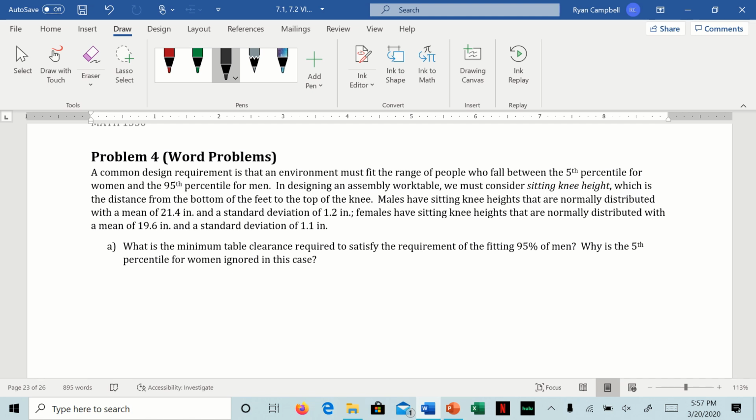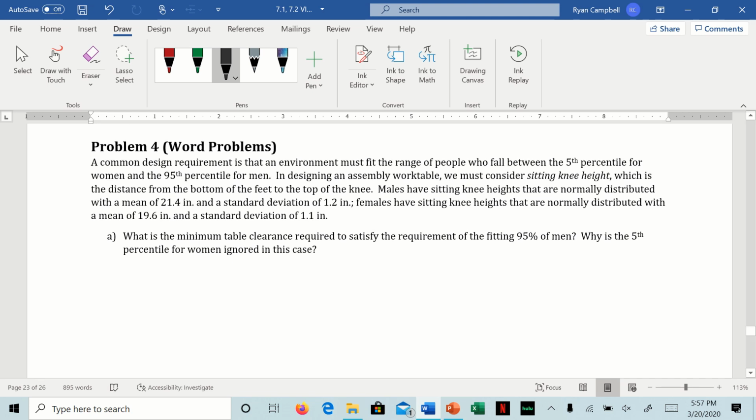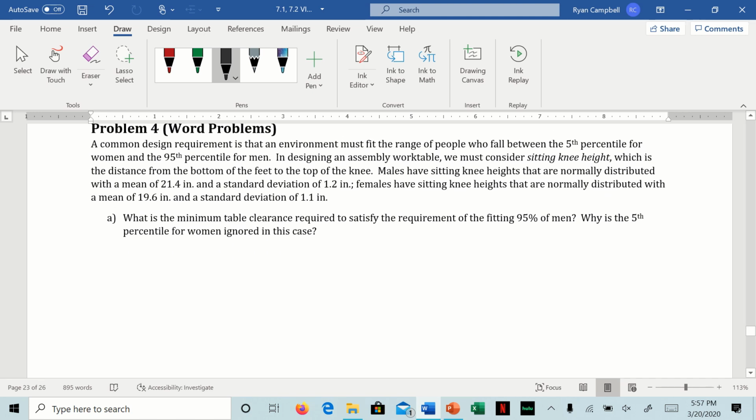What is the minimum table clearance required to satisfy the requirement of fitting 95% of men? So first, we'll do the next question last. Is this going to be a bottom 95% or a top 95%? There's a couple different ways we can figure that out.